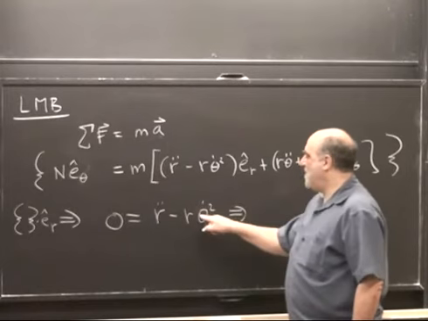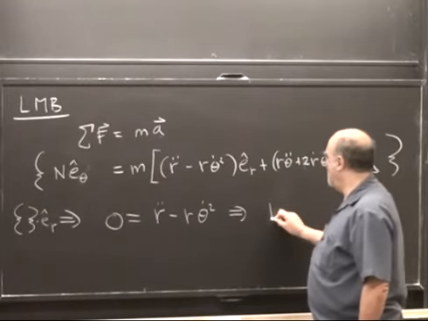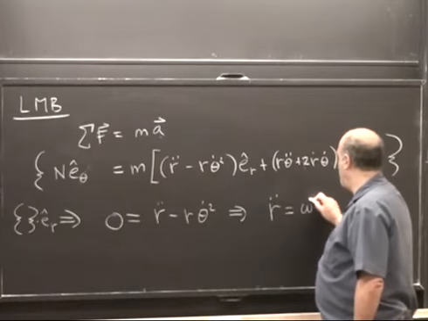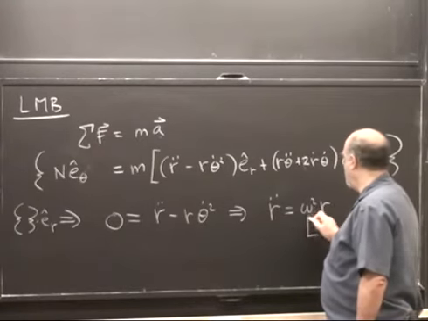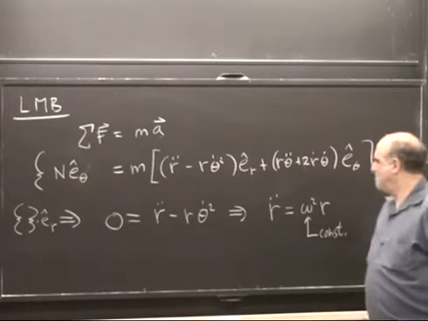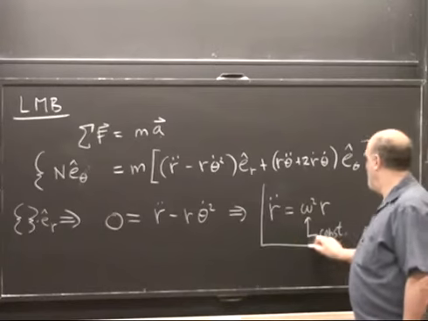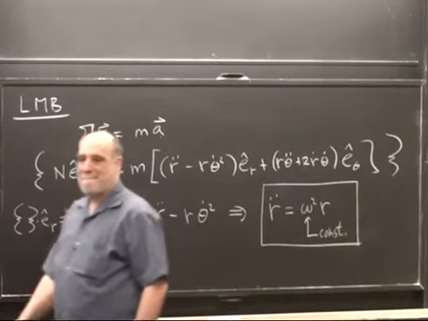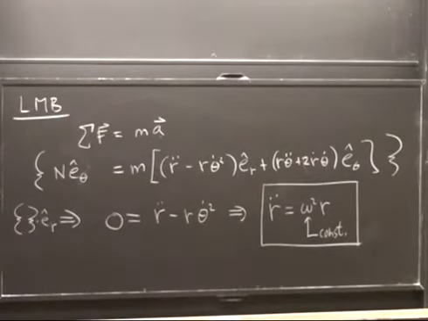Well, remember theta dot was a constant, so this is just r double dot is equal to omega squared r, and this was a constant. So now we've got our differential equation of motion. Just beautifully, simply like that.